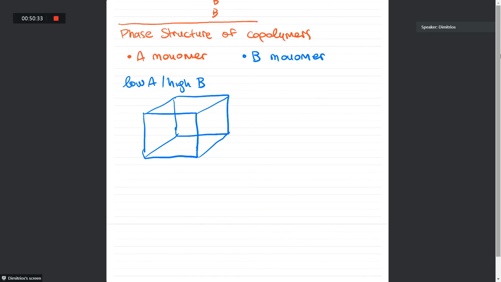Okay, so in this case, the A monomer is concentrated on the edges of this cube, okay? And also at the front side and the back side, okay? This structure is a cubic structure, a body-centered cubic.